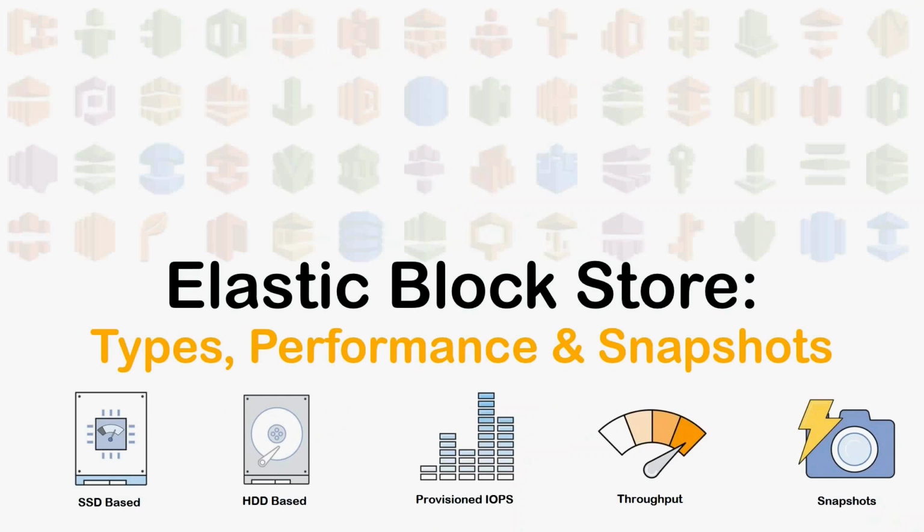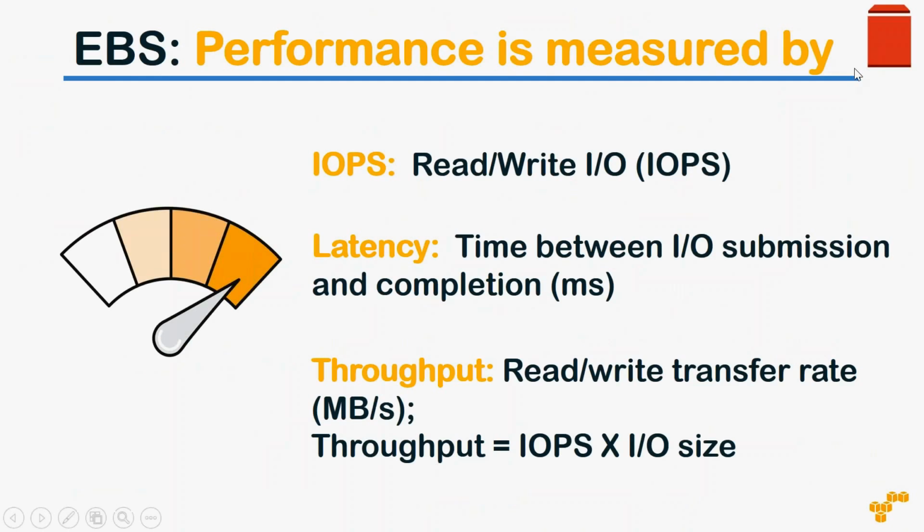So let us look at the different types of disks that are available, the different performances that you can achieve, and what snapshots are. These are some of the additional components that make Elastic Block Store one of the favored storage options in the cloud. When we talk about performance, it is measured in two ways. Predominantly, it is measured by IOPS, the number of read and write operations per second.